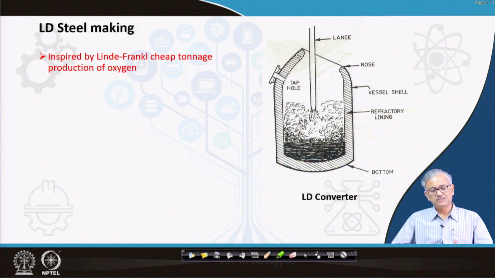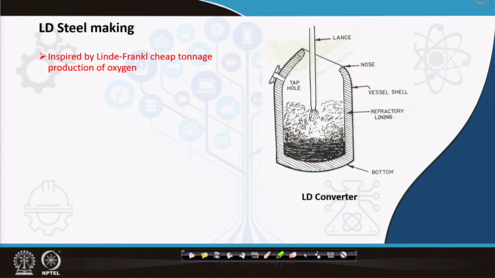That is, the oxygen in air reacts with the impurities, forming energy, heat, and that heat self-sustained the process. And at that time Bessemer did not have any access to cheap tonnage oxygen, that is why he had to depend on air. But air had a major problem, that it produces a lot of nitrogen in the liquid steel. That is why the steel was not very clean, and it was a problem especially in cold loading processes.